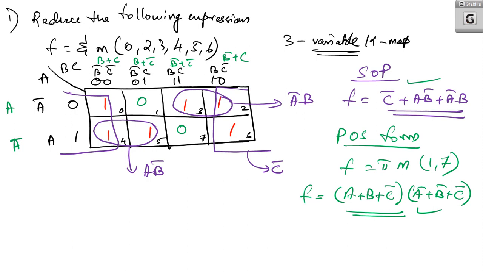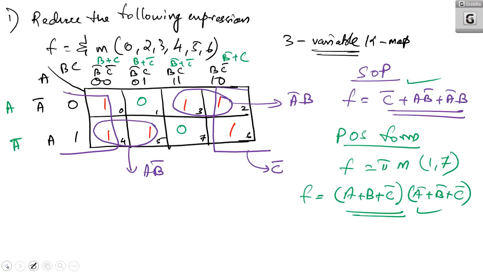So now I think you have got how to reduce the expression using a K-map. F is equal to sigma m 0, 2, 3, 4, 5, 6. You will get the SOP expression as C bar or A B bar or A bar B. That is the most reduced SOP form.